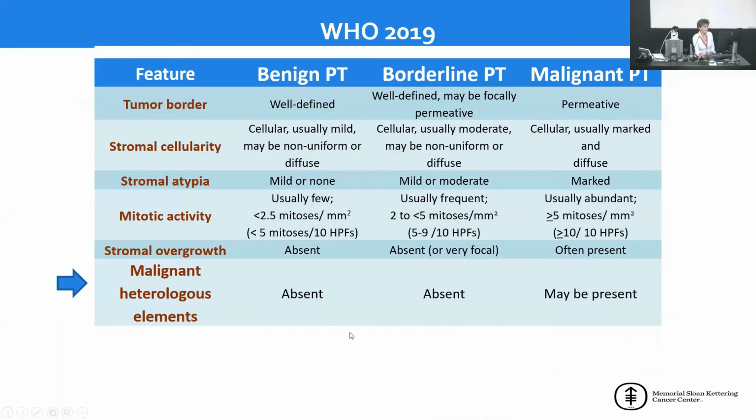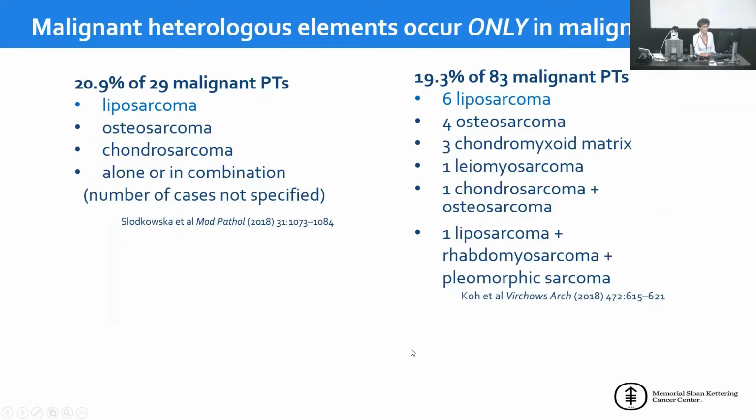And then there is the component of malignant heterologous elements. These are always absent in a benign phyllodes, absent in a borderline, and may be present in a malignant phyllodes tumor.